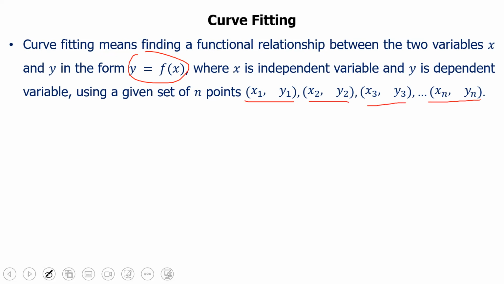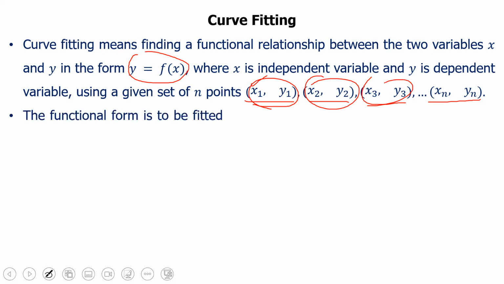So what is curve fitting? Curve fitting is nothing but a functional relationship between two variables, where different points of X and their corresponding values of Y are given. That means ordered pairs x1, y1, x2, y2, x3, y3, and so on are given in terms of points.